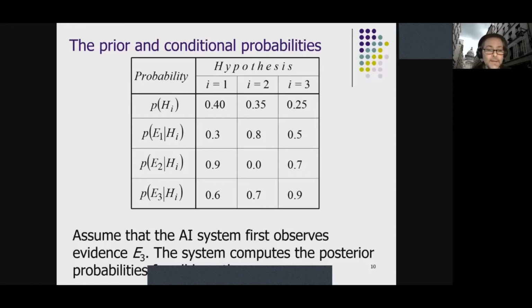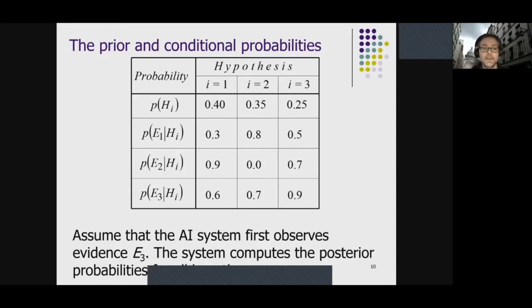The probability of E2 given H2 is 0 in this particular case. So we assume that the system has this kind of knowledge, all summarized in this one table with these numbers.